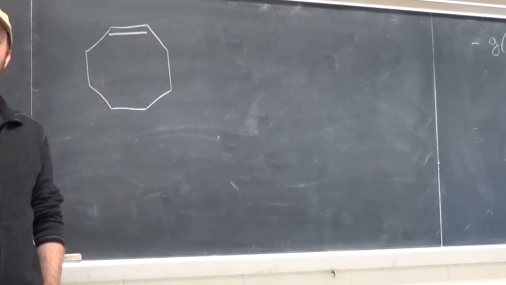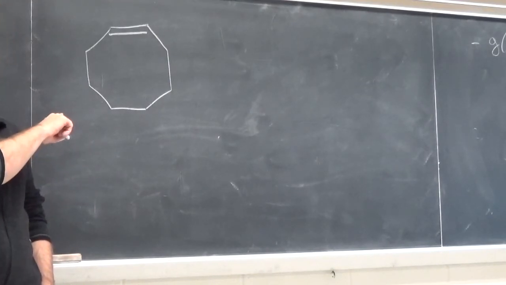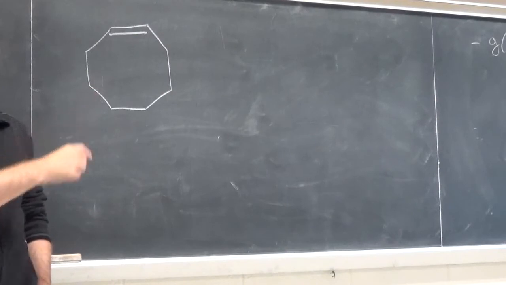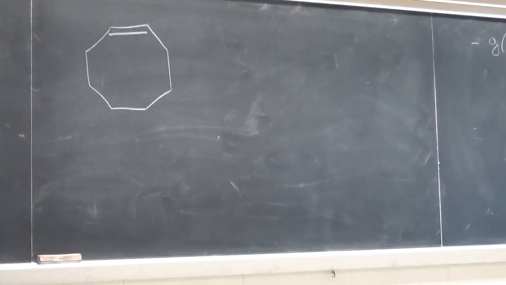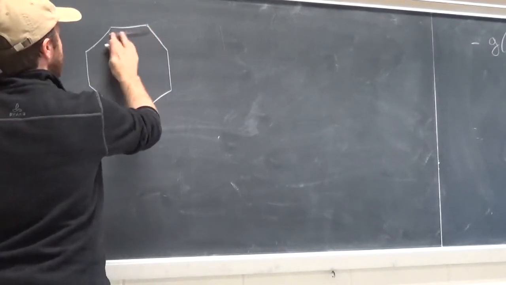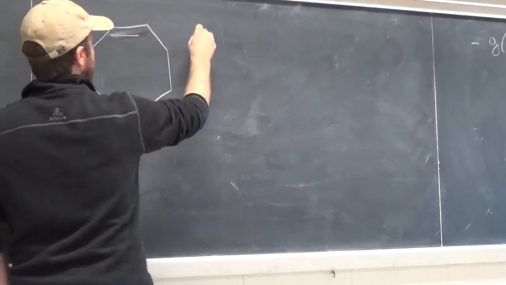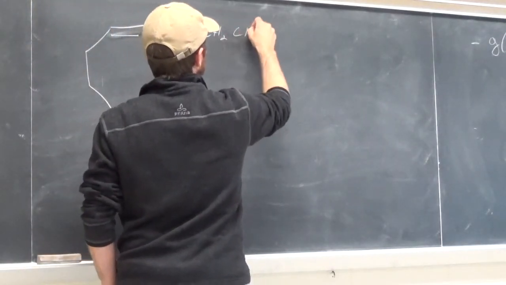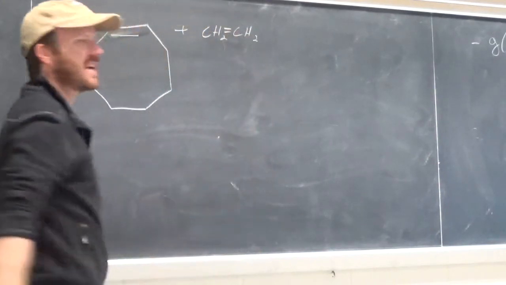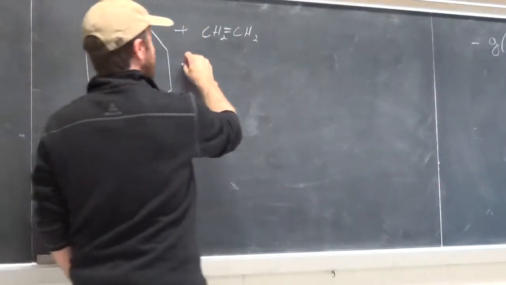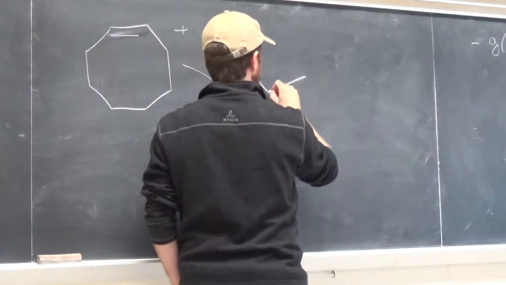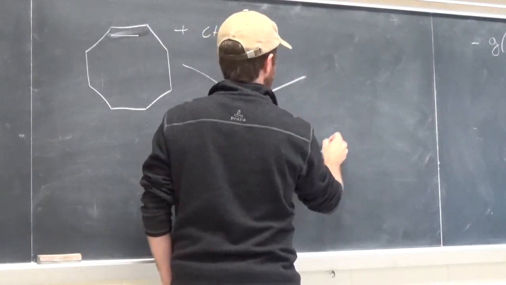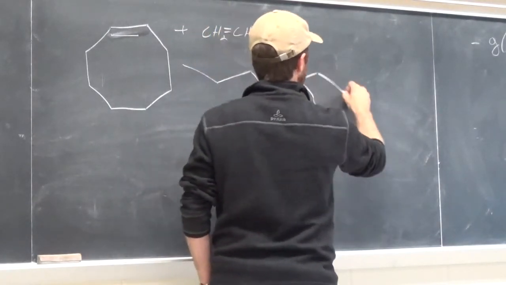What do you think? Does this ring open? No. You can guess maybe not, but it will polymerize through this multiple bond. Maybe if we add ethylene, it's just going to make a bridge, right? It's going to make a cyclic inside the ring. And so you'll have something that looks like this, and then you'll have this thing right here, and then it'll keep going.